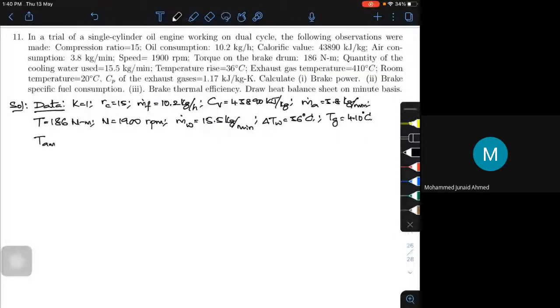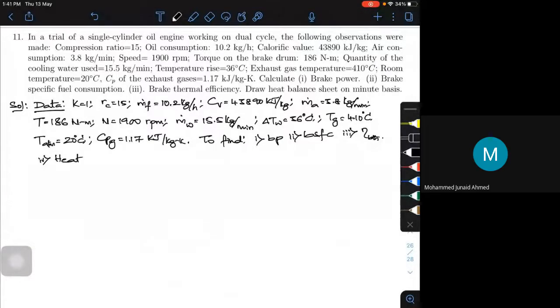So what are you supposed to find? The first thing is brake power, then brake specific fuel consumption. The third one is the brake thermal efficiency, and the fourth one is the heat balance sheet in minute basis.